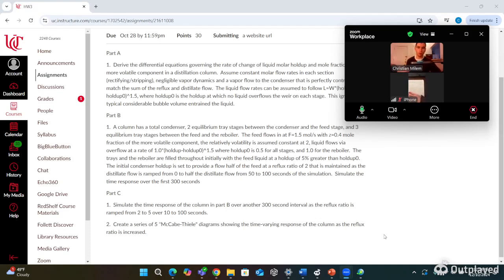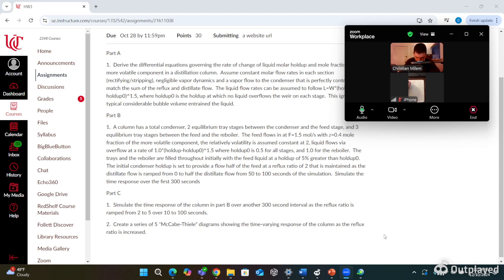Okay, so a column has a condenser. Okay, I read that incorrectly first. So we have a distillation column. Here's our feed. Again, I'll enlarge it in a second. Trace stages between the condenser and the feed stage.